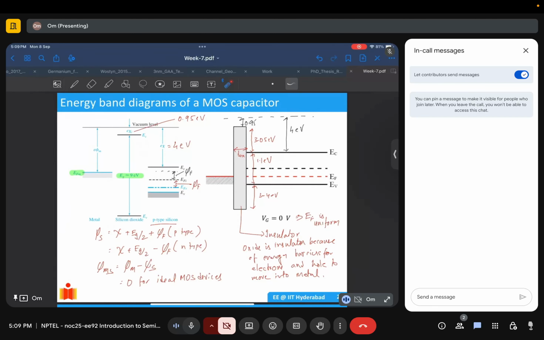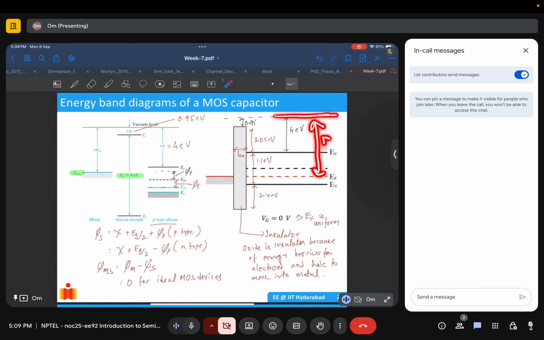So here we are just calculating the work function difference. For ideal MOS devices, the work function difference is 0. That is, the work function difference is phi m minus phi s, where phi s includes this difference and this difference, the energy from the vacuum level till the Fermi level.